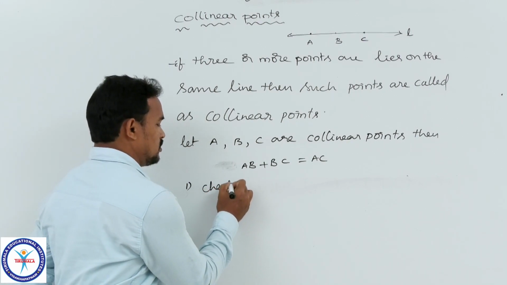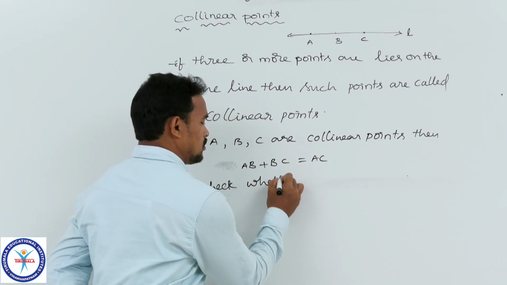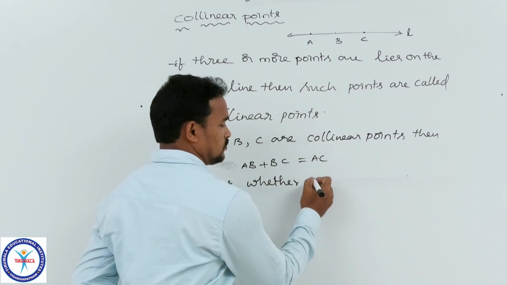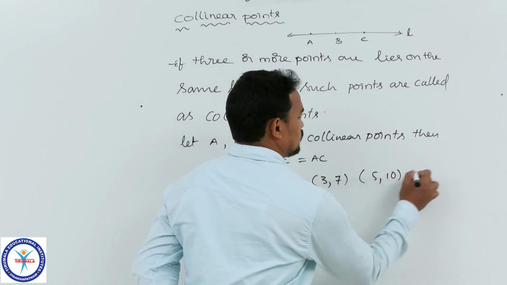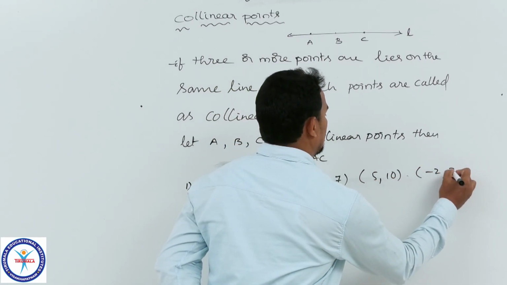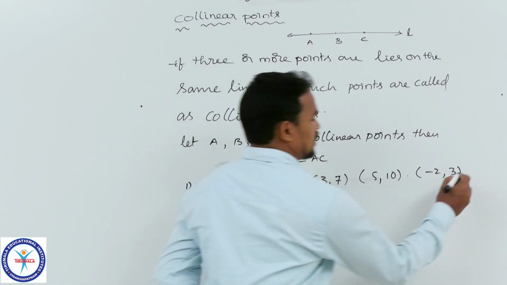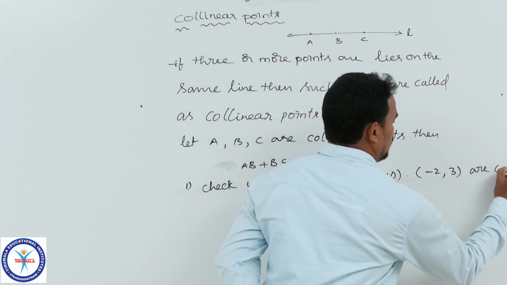Check whether 3 comma 7, 5 comma 10 and minus 2 comma 3 are collinear points or not.